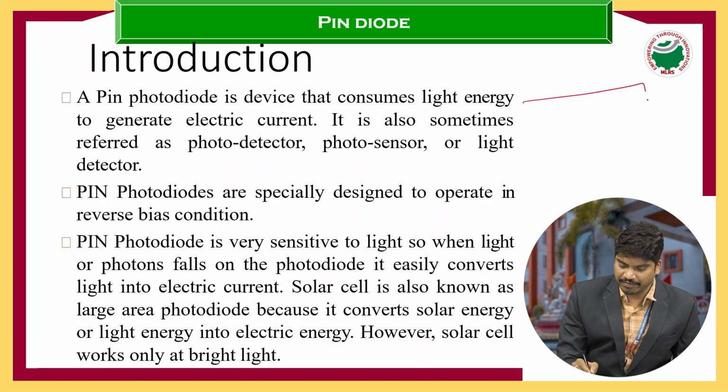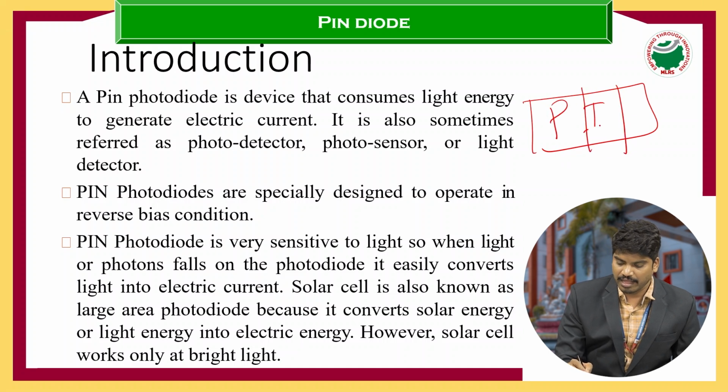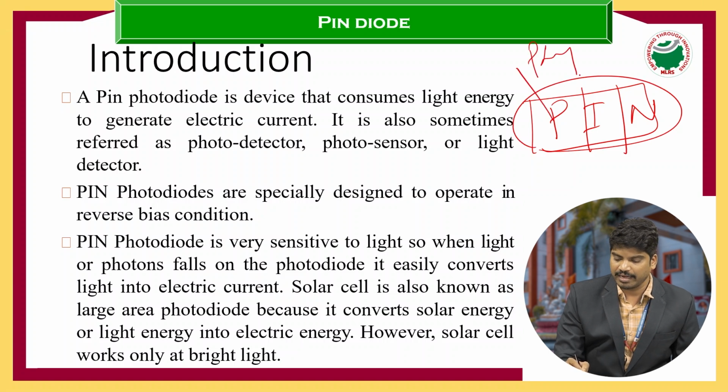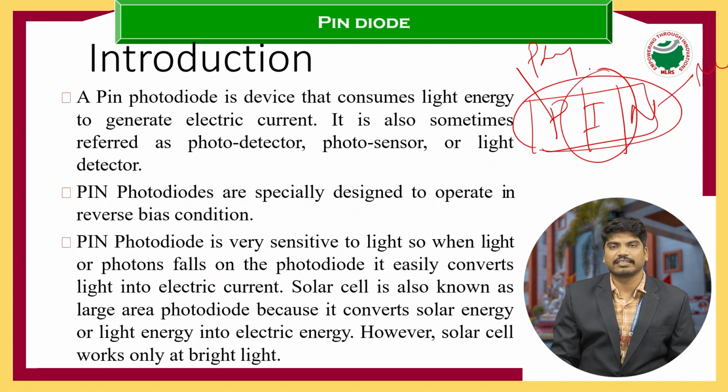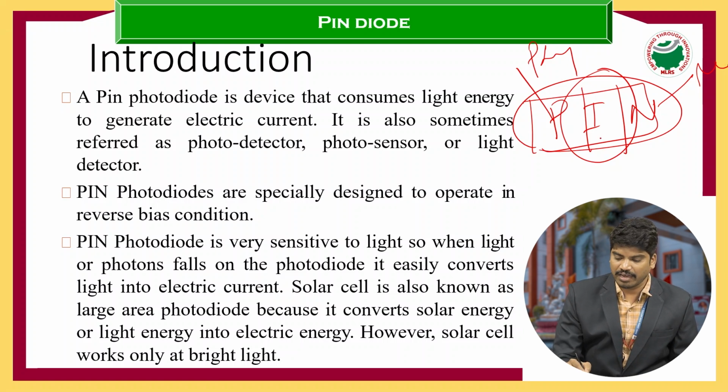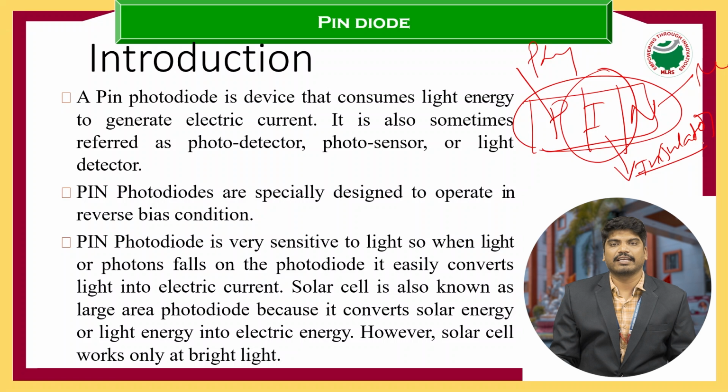The name itself tells us clearly: P, I and N. P refers to the P type material, N refers to the N type material, and I refers to the intrinsic region. The intrinsic region means a region without any free electrons or free charge carriers, and it will act like a perfect insulator. So we sandwich an insulator in between the highly doped P type and N type material.